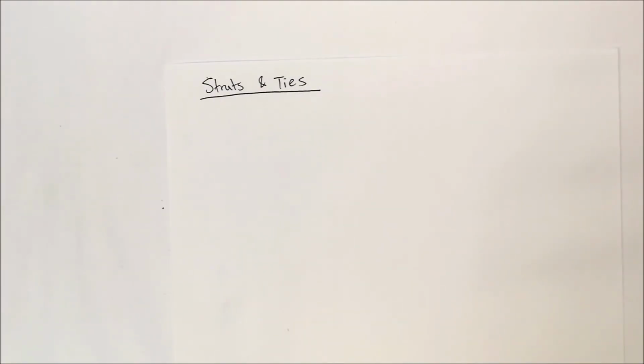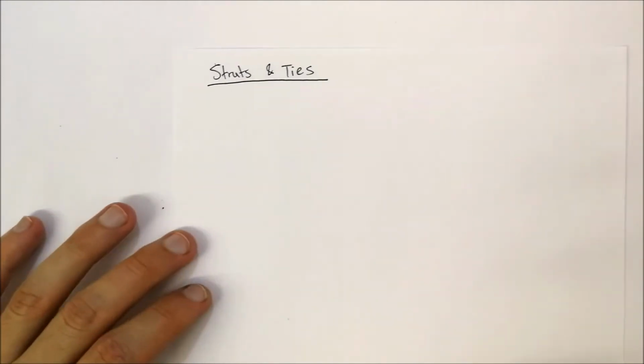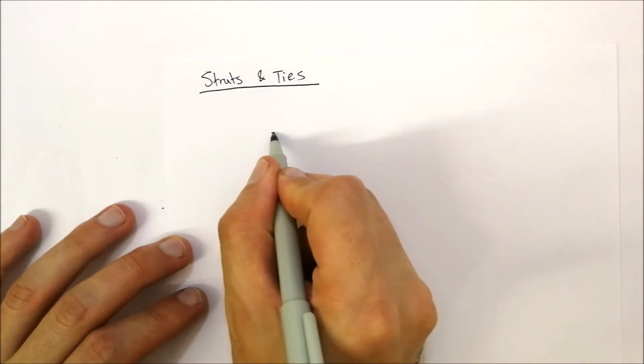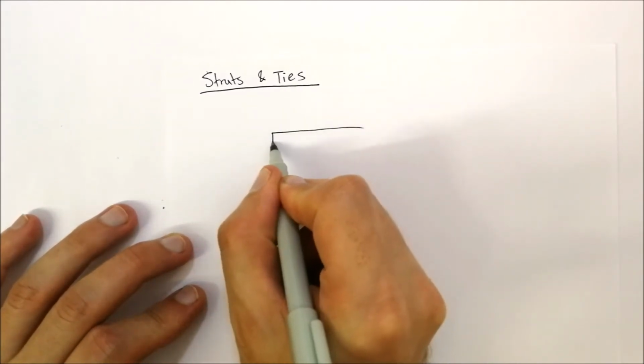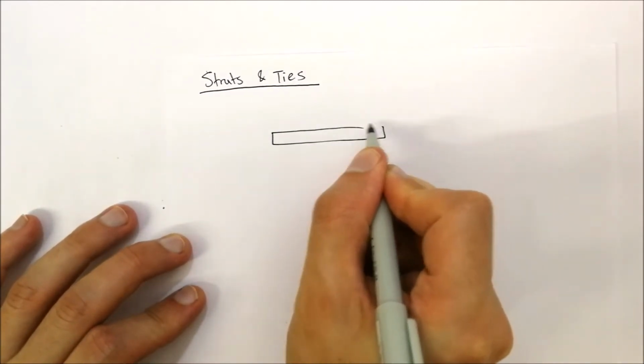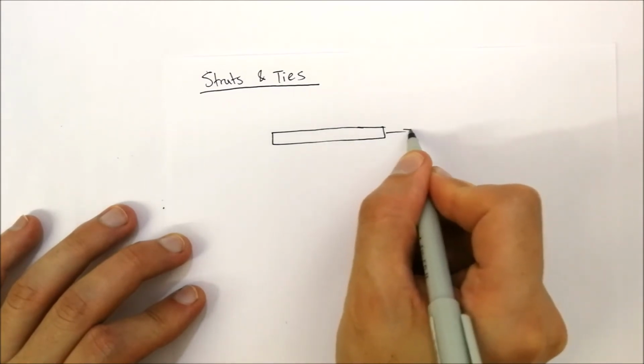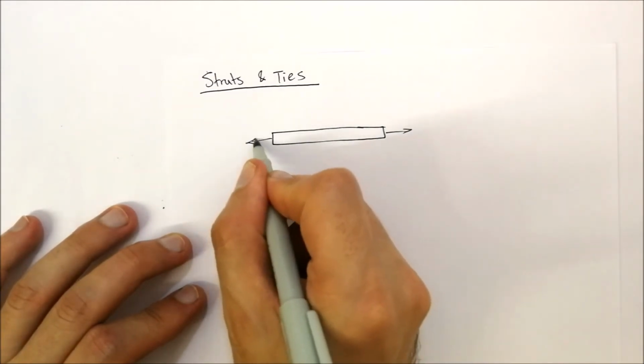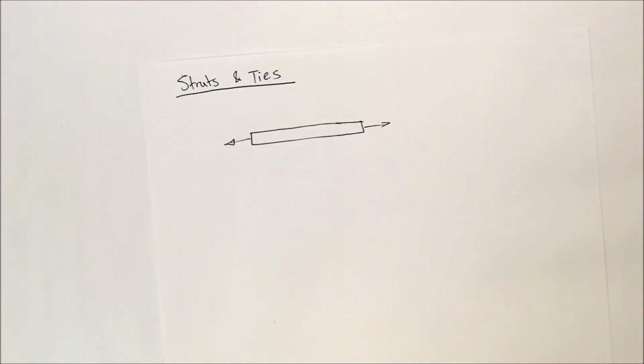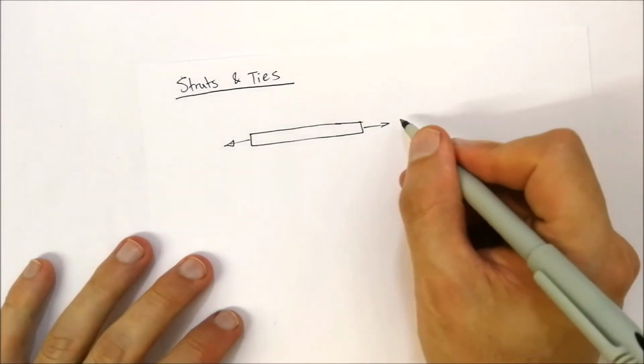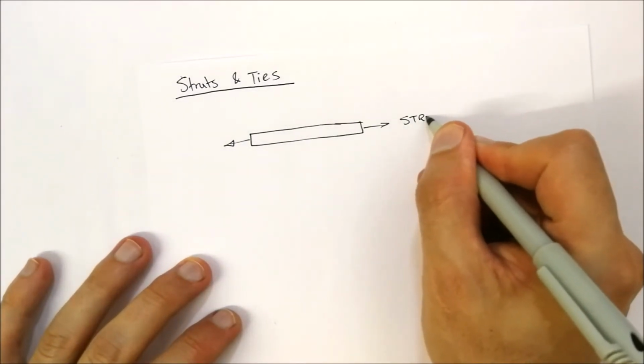Just a few things we need to become familiar with, to have an understanding of what struts and ties are. If you've got a beam and you've got some force acting away from it, so it's pulling on that beam, then that's known as a strut.